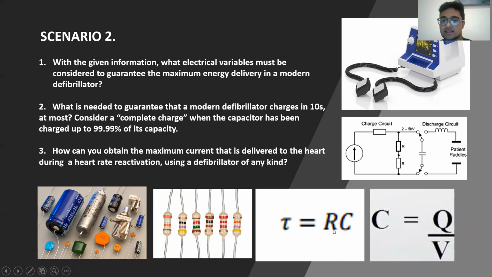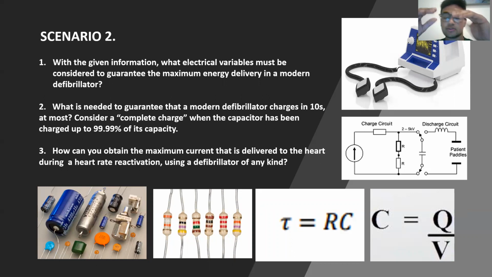So what I did is, if we use certain values for resistance and capacitance, then we can get a value and play with it to find the best value to get that time under 10 seconds.